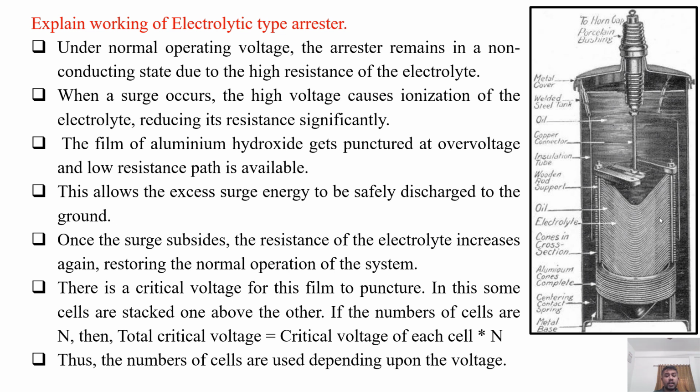If the number of cells is n, then the total critical voltage equals the critical voltage of each cell multiplied by the number of cells, that is n. Thus, the number of cells used depends upon the voltage. When the voltage increases, the number of cells must be increased accordingly. So this is how the electrolytic type arrestor works.